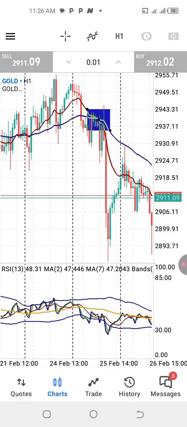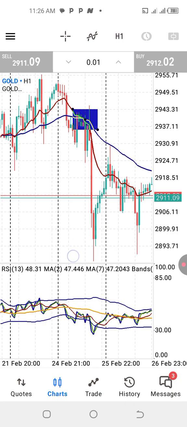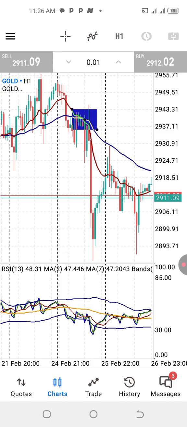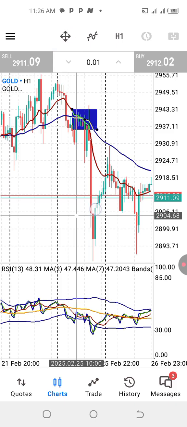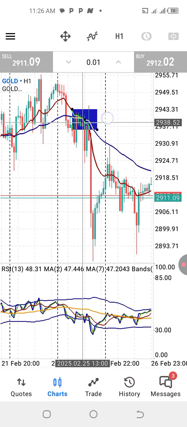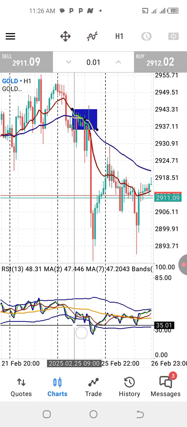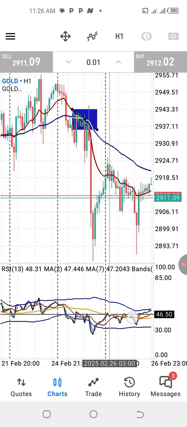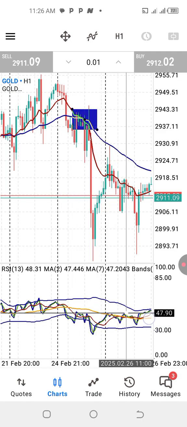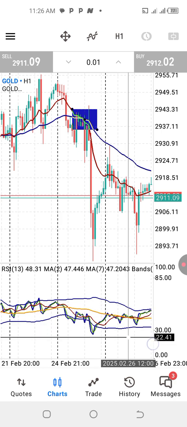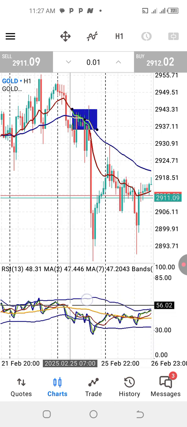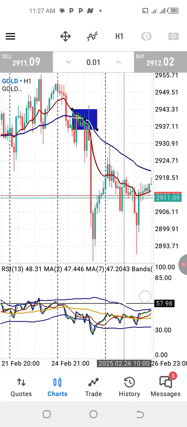So this is H1. Here there was a crossover of these lines. Then the next thing I'm going to see is this blue line crossing the yellow line to the downside, or crossing the upper Bollinger Band to the downside.